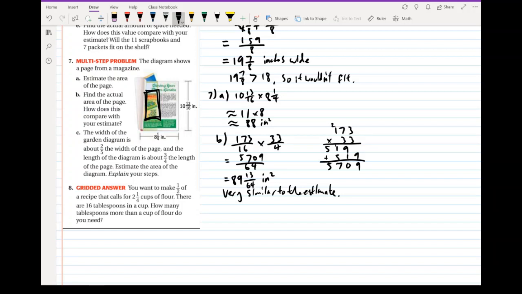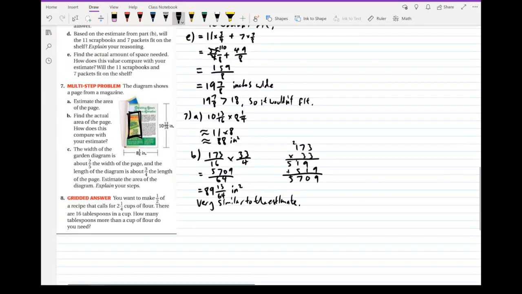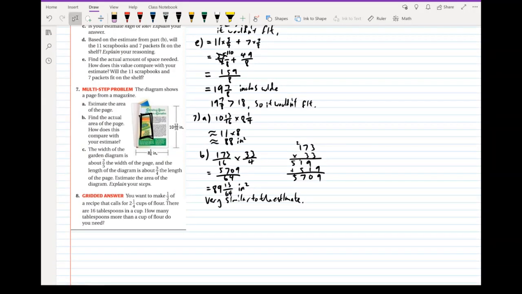So what I'm going to do is estimate by estimating the width first. So part C will be quite complicated. We're going to do quite a lot for that, so I'm going to do it over here, part C. First, for the width, I'm going to label width estimate.